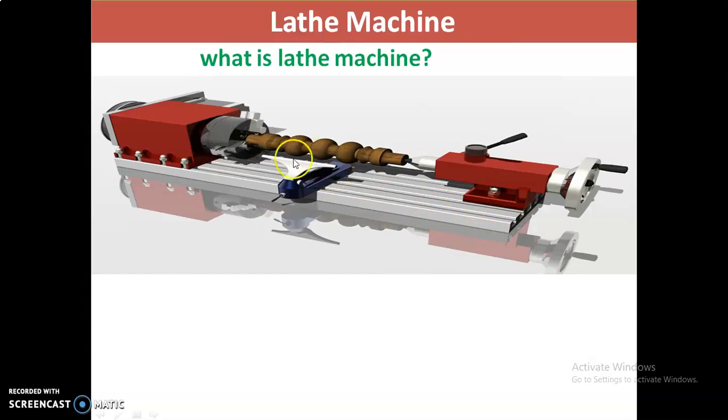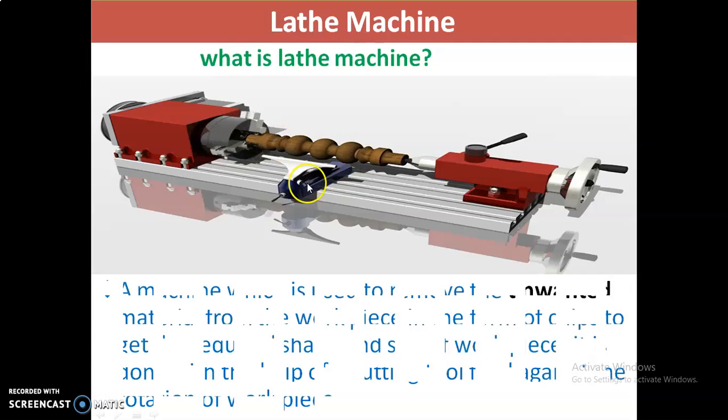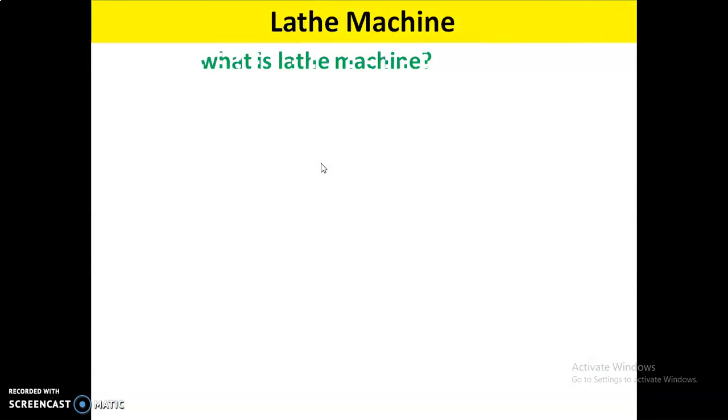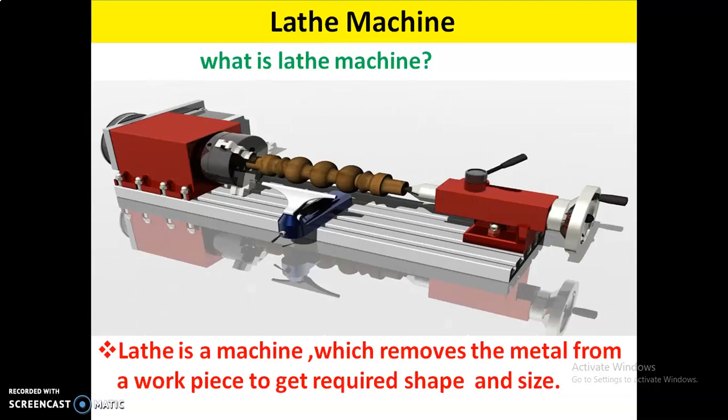It is done with the help of a cutting tool, which is fed against the rotation of the workpiece. So this is the definition of the lathe machine, and this is another definition. Already we have discussed it in the previous class.